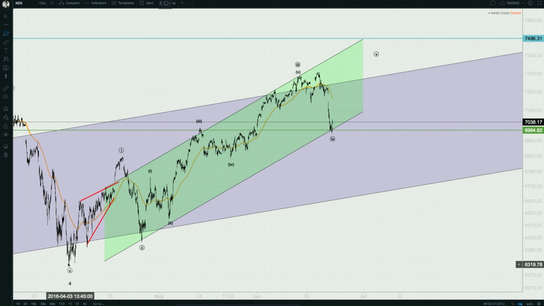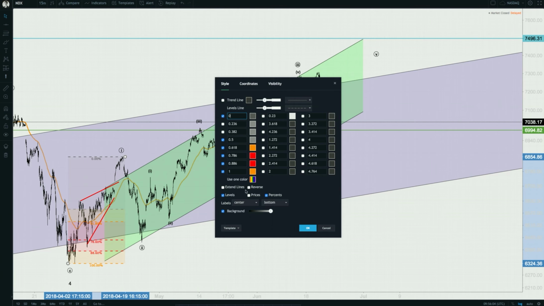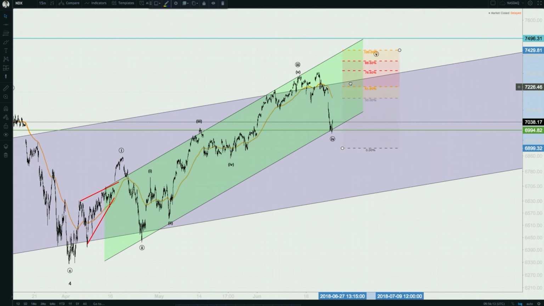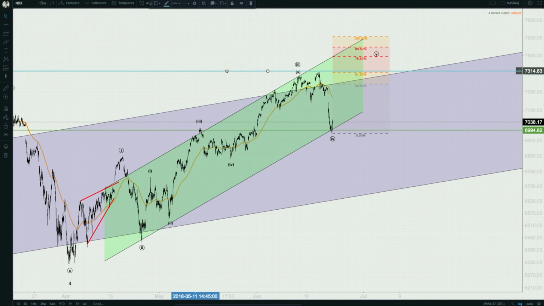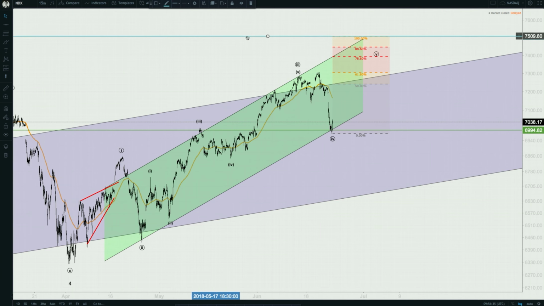So if I now put my Fibonacci target levels onto this wave 1, and I shall reverse that so that I've got essentially a measure for how big that is, and I put it to the bottom here to the potential start of wave 5, then my 61.8% target would be right here at the previous high, around here, around 7,300, and the equality target, the 100% target, would be around 7,500.